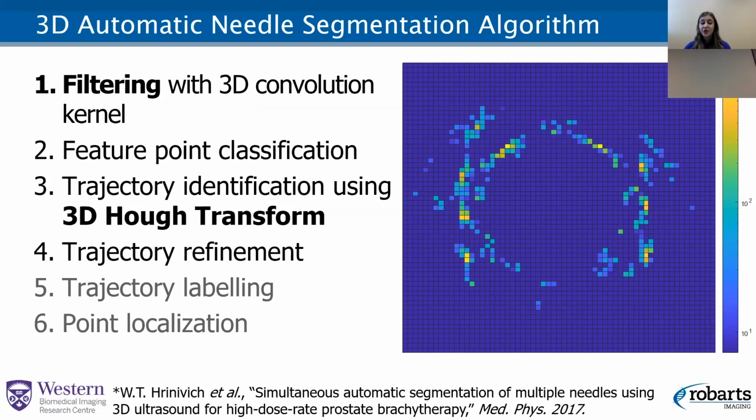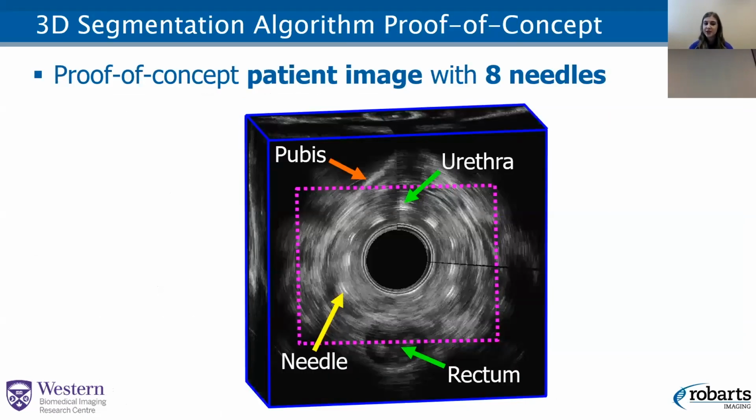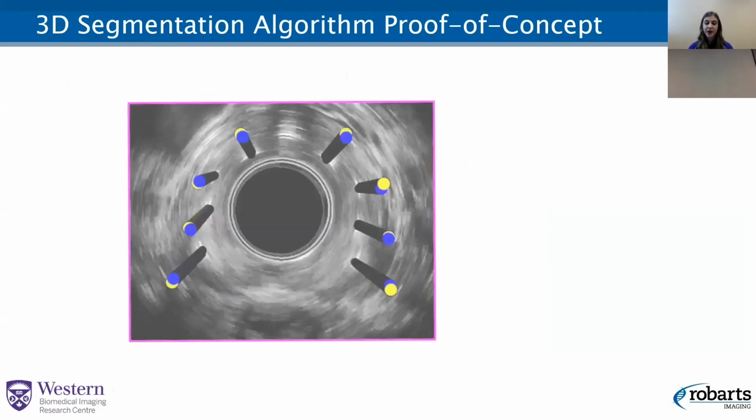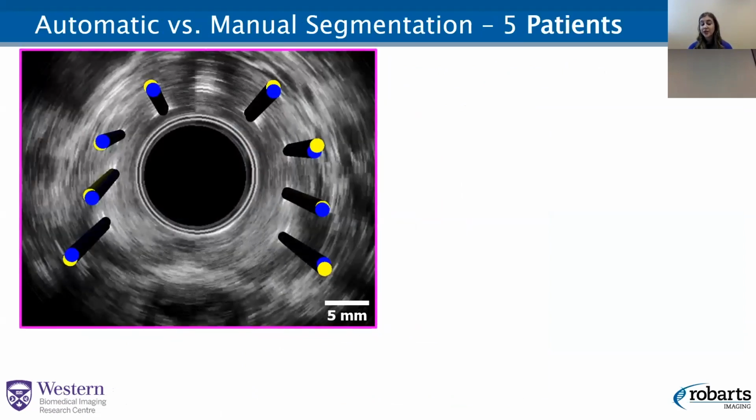We then refine those trajectories to include as many feature points as possible, and we label those candidate trajectories with their template positions. And then finally, we localize the endpoints of the needle within the image. And so we first tested this in a proof of concept patient image with 8 needles that you see here. And so again, here you can see the ultrasound model needle in yellow and the algorithmic needle shown in blue.